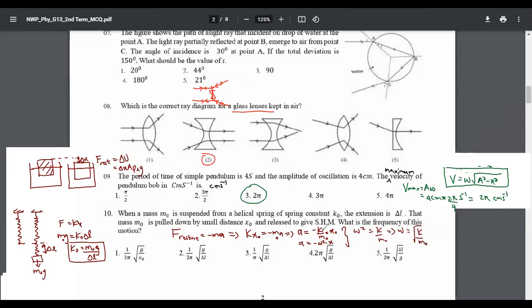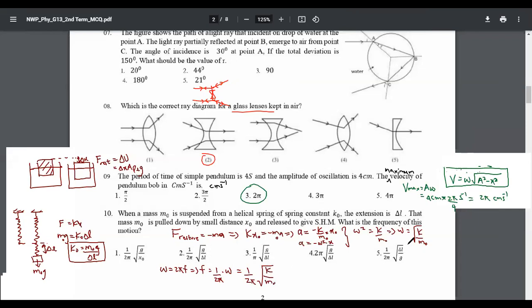Then what are they asking for? What is the frequency of the motion? Omega equals 2 pi f, isn't it? That is f equals 1 over 2 pi into omega. That is 1 over 2 pi, where omega is the square root of k over m naught.